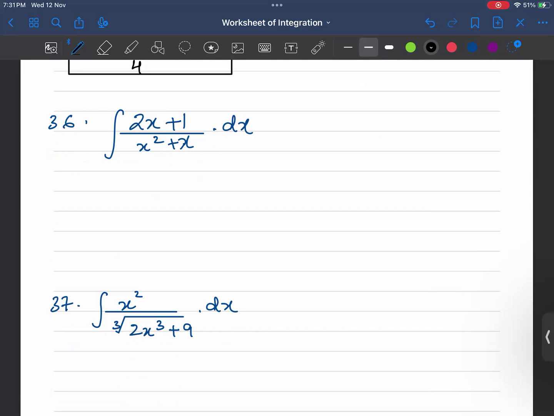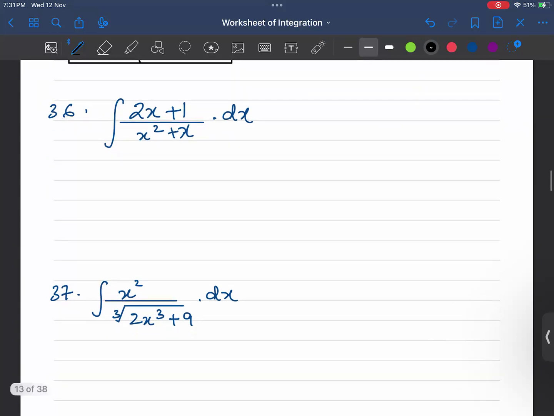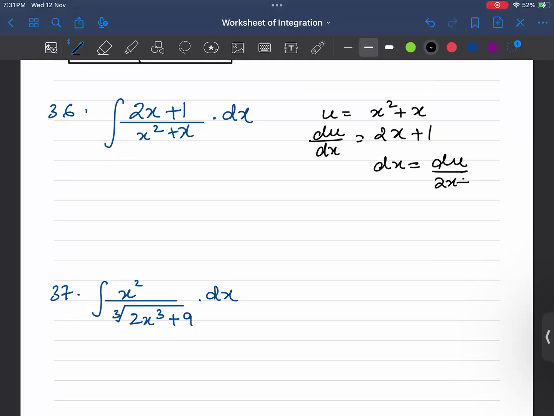2x plus 1 divided by x square plus x dx. Where u equals x square plus x. Can I write it as du upon dx equals 2x plus 1? Yes. Or I can say dx equals du upon 2x plus 1.